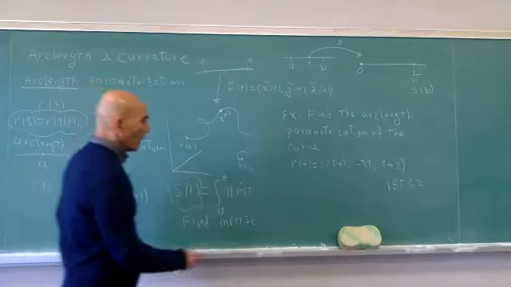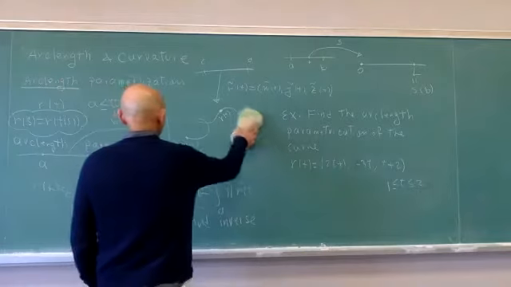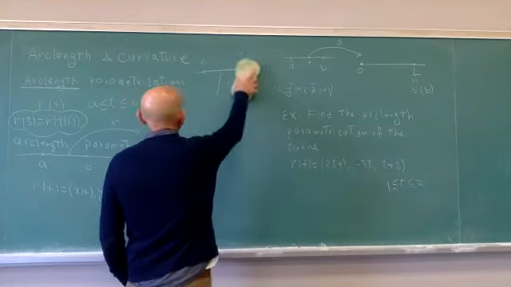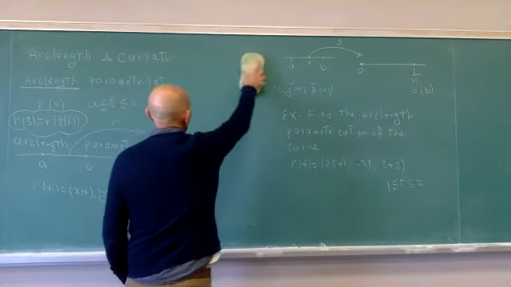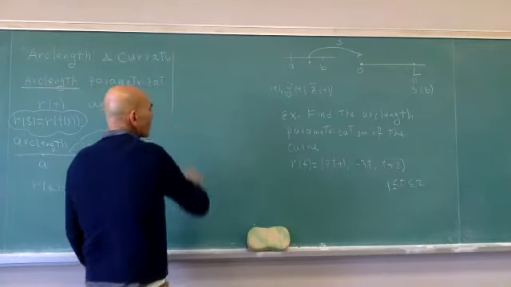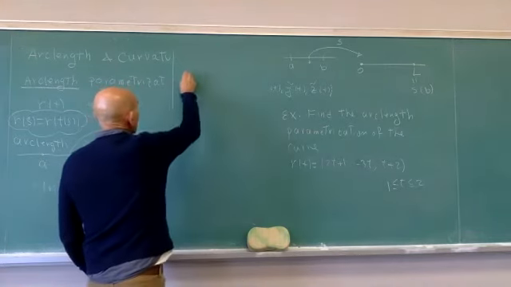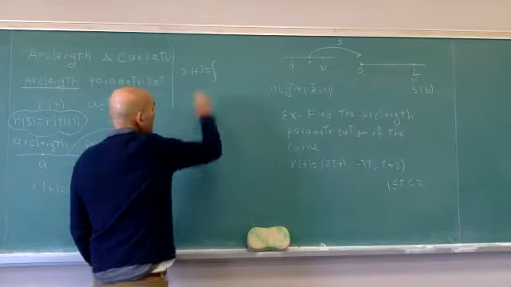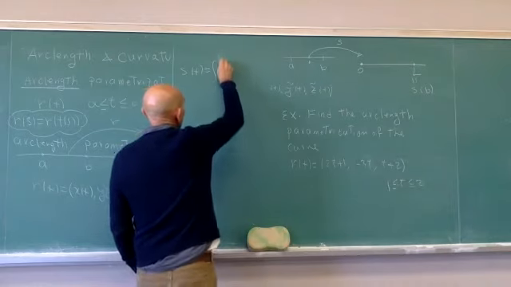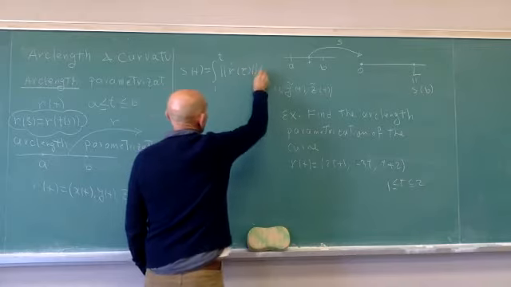Let's do it then. In this case, let's compute this integral. Remember, we always compute s of t first. So s of t is equal to the integral from 1 to t of the norm of r prime of tau d tau.